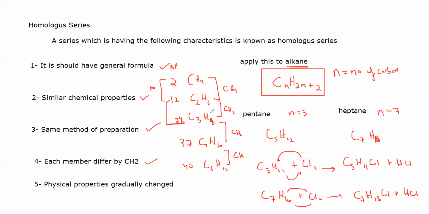So it shows that physical properties gradually change. So all the ticks are there for alkanes. If all the ticks are there for alkane, we call alkane a homologous series. Why?